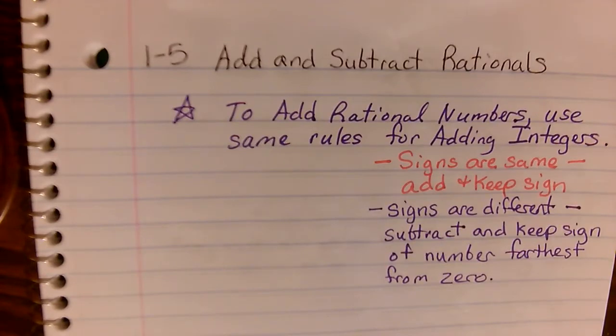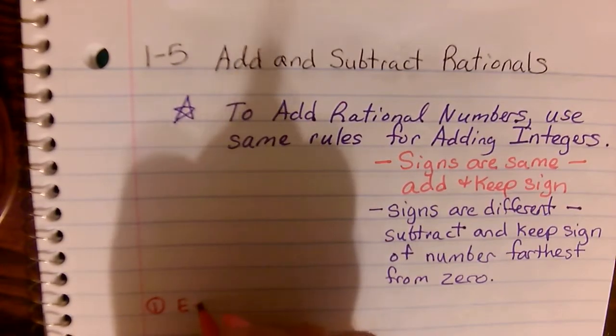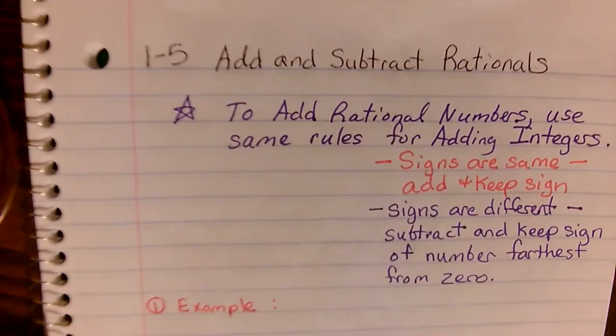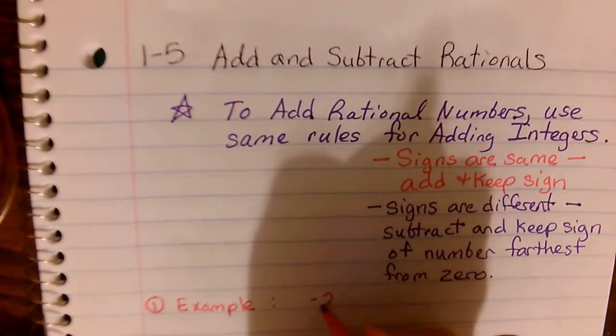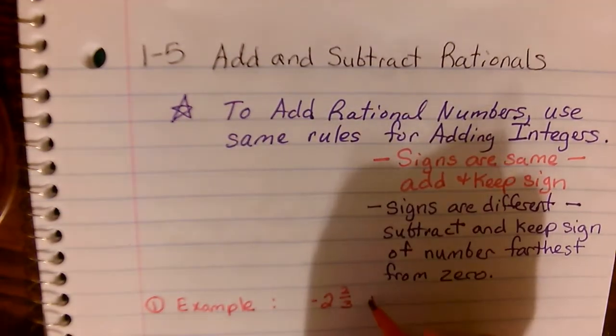Just some examples would be like number 1, you have -2 2/3 plus 5/6.